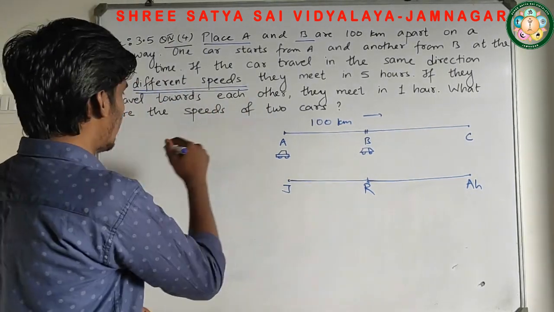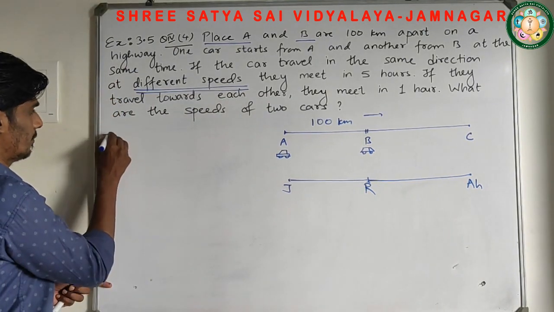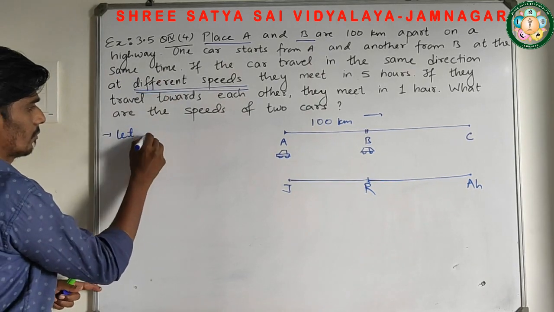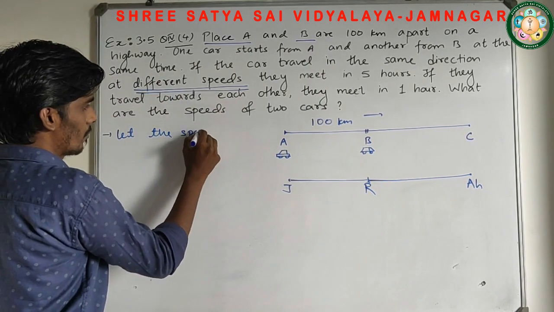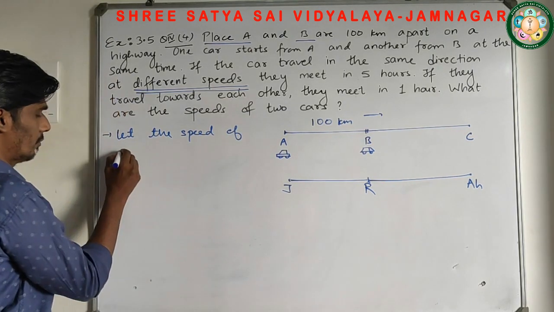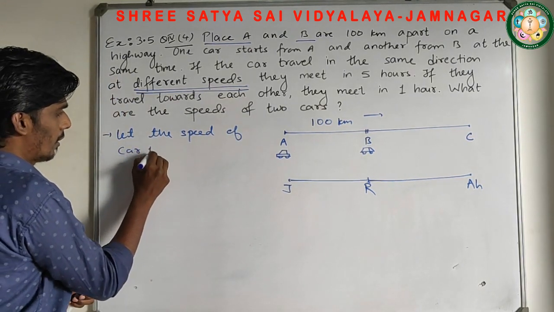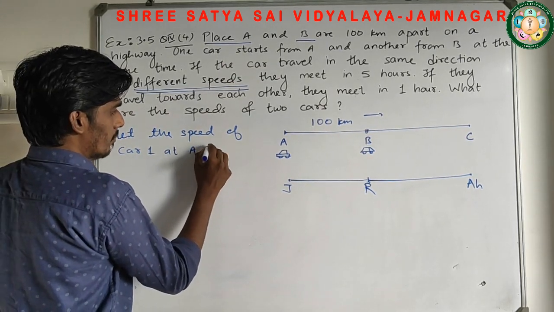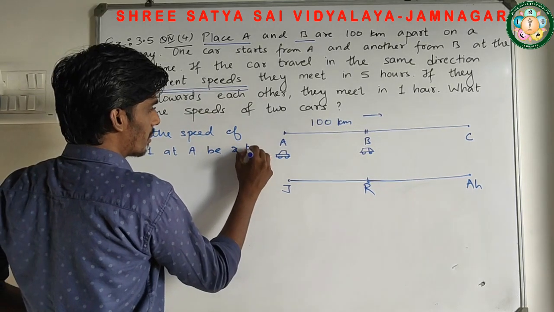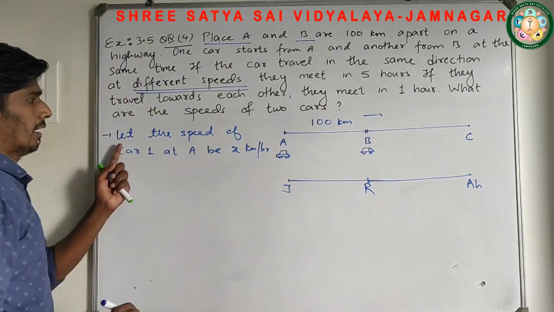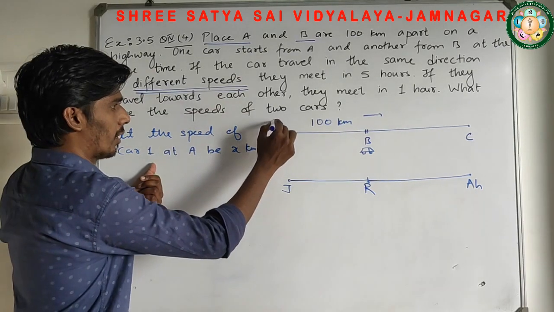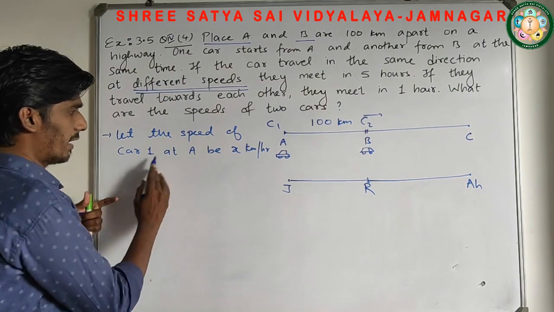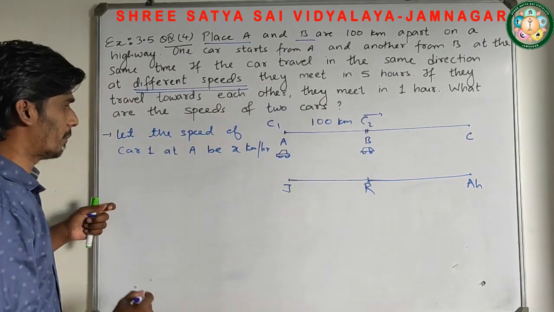Now, before starting the question, let the speed of car 1 at point A be x kilometers per hour. Car 1 is here, and this is car 2. The speed of the car at A is x kilometers per hour.